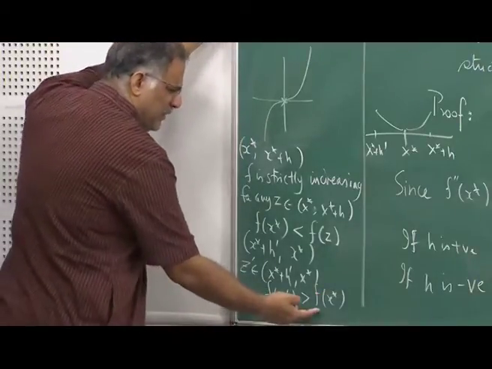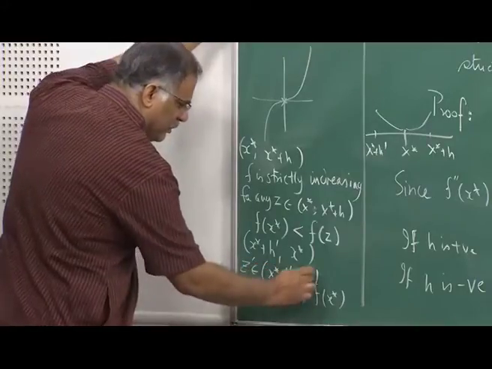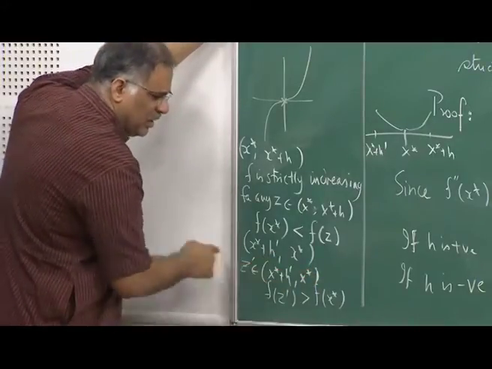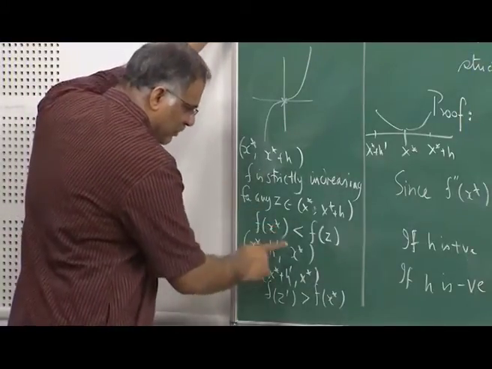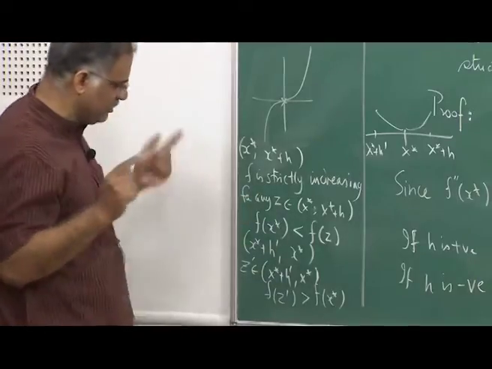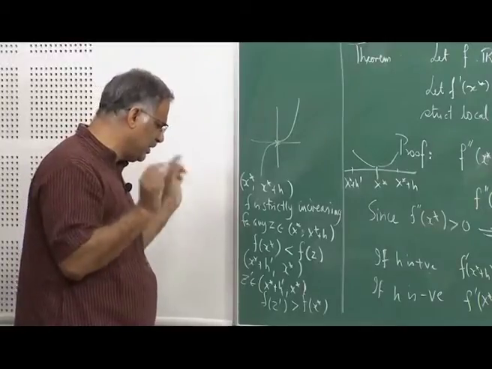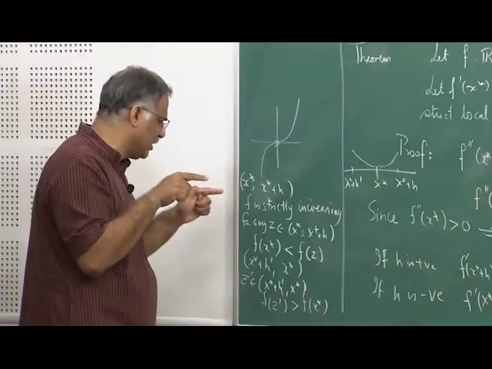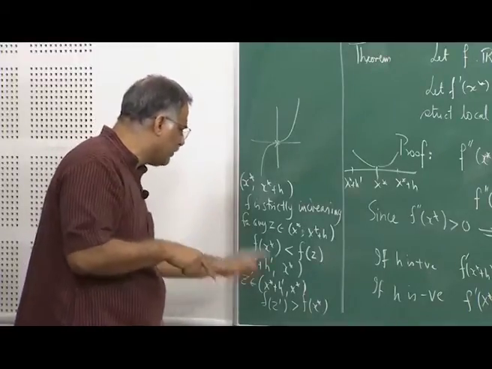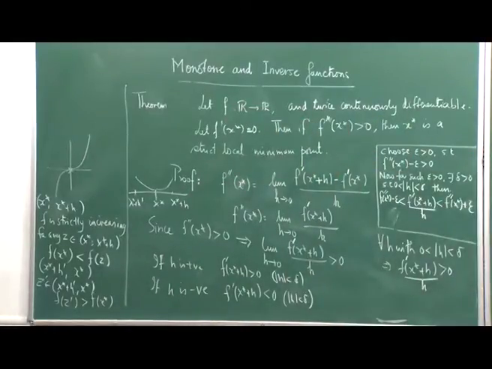Obviously I am taking a z dash which is not equal to x star, because I have taken it in the open interval. So, for any z in the interval x star plus h and x star minus h, whatever z I take, it does not matter. If it is not equal to x star, the functional value is strictly bigger, and hence it is a strict local minimizer.